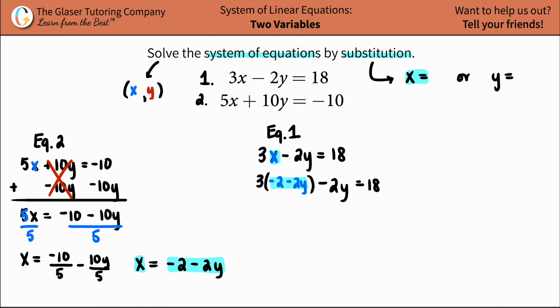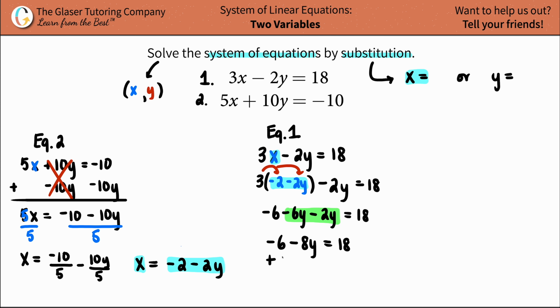So now we just do our PEMDAS rules, right? Seems like we got a little distributing going on here. So 3 times -2 is a -6. 3 times a -2y again is a -6y. Minus 2y equals 18. Let's combine like terms. Gotta love PEMDAS. -6 minus 8y equals 18.